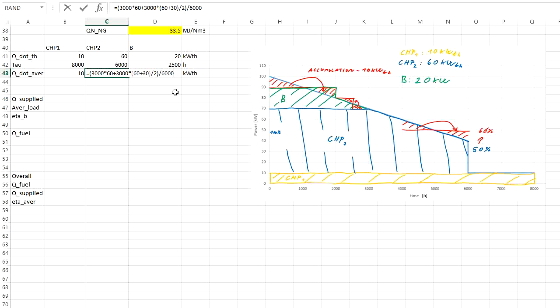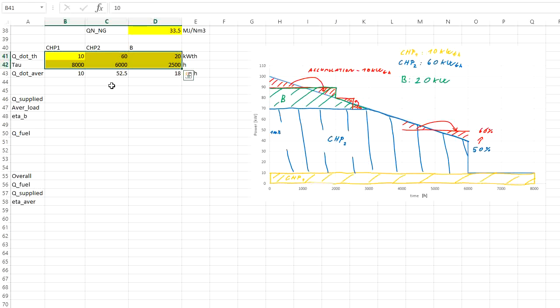So this can be already referenced in here. And these can be considered as the inputs.